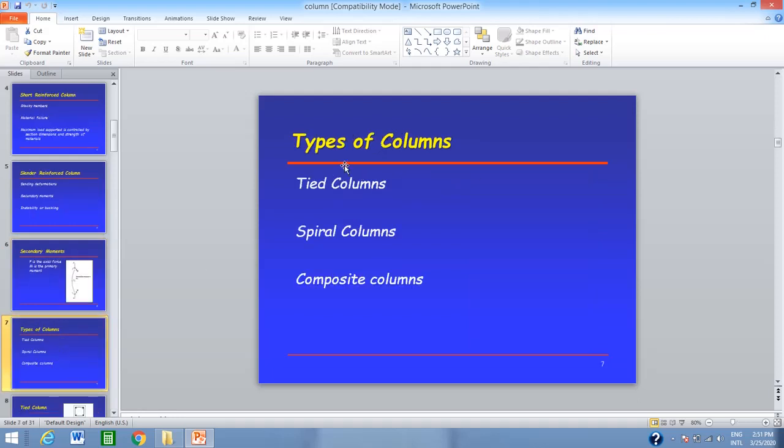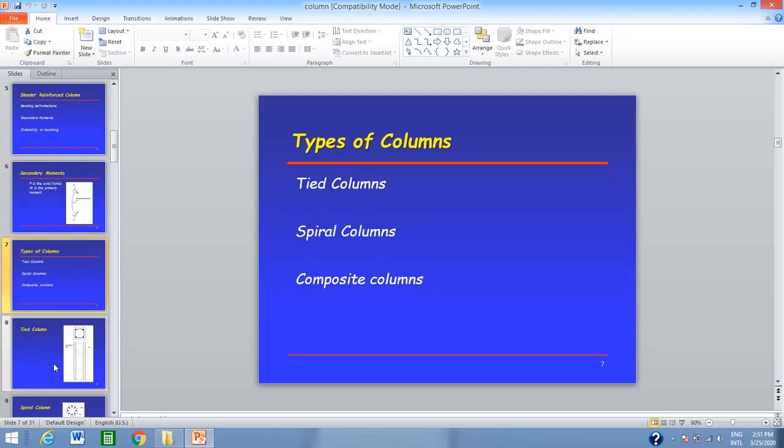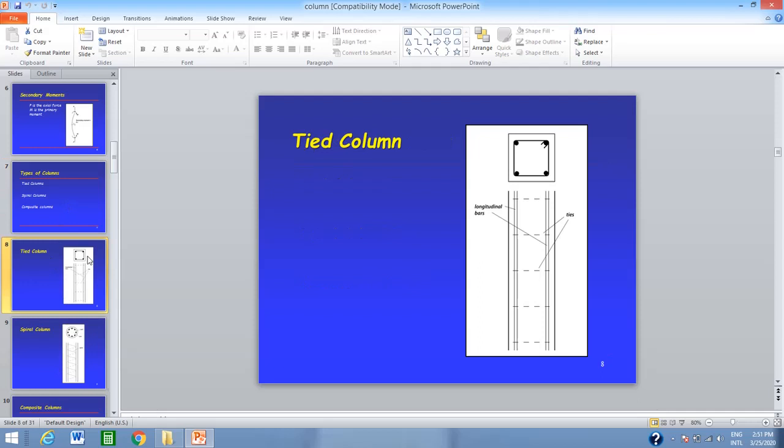Now there are types of columns: tied column, spiral column, and composite column. We are going to consider only the tied column because of less time. In the tied column, you can see here a longitudinal section of the column. The tied column may be square or rectangular.